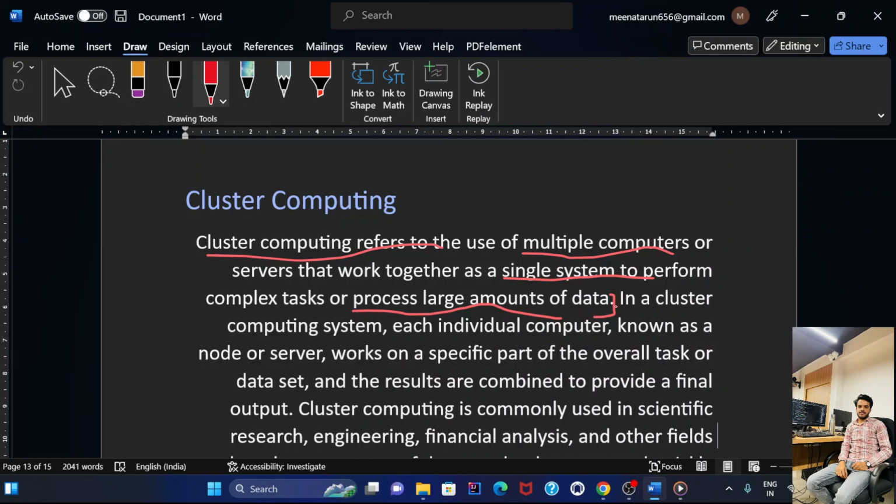So in cluster computing, each individual computer is known as a node, or server.